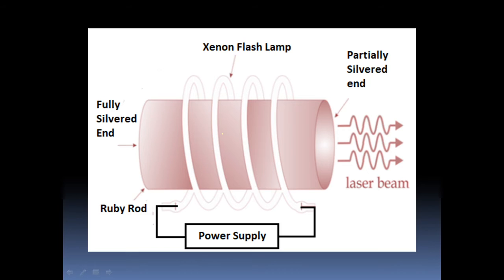This is the main diagram for the Ruby Laser, in which this is a laser medium, which is a ruby crystal, and to heat up this ruby crystal we use a flash lamp, a xenon flash lamp, and here one fully reflecting mirror and a second partially reflecting mirror, as I have shown in the previous slide. And this is the power supply which is given to the flash lamp.